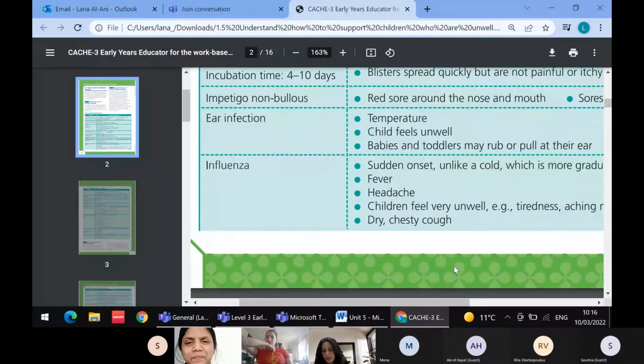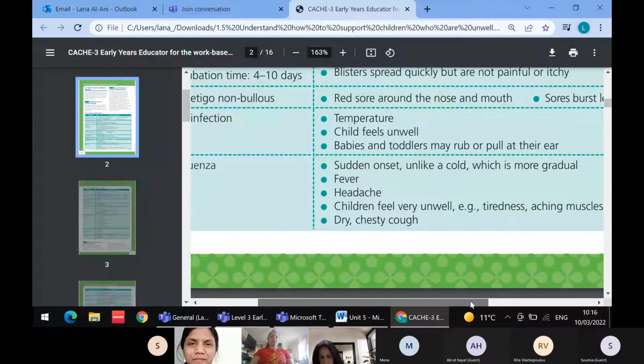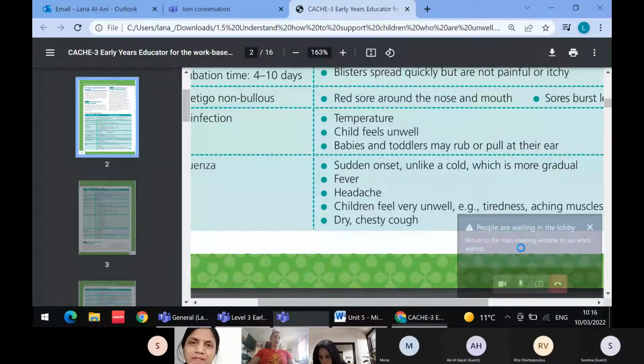That's very good. So how about influenza? Are there any symptoms of influenza? Runny nose. Okay. Fever, headache. Fever and headache, very good. And tiredness. All of a sudden they are really tired, and maybe have a cold.